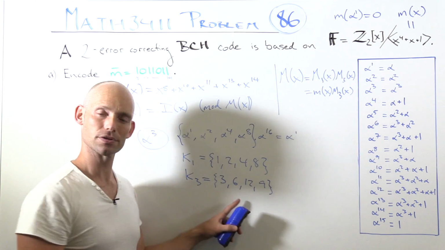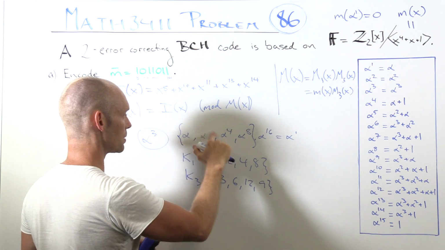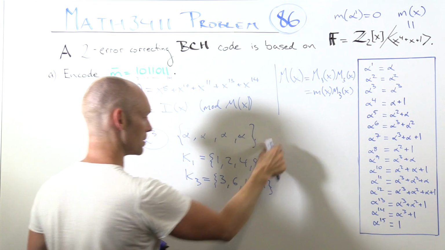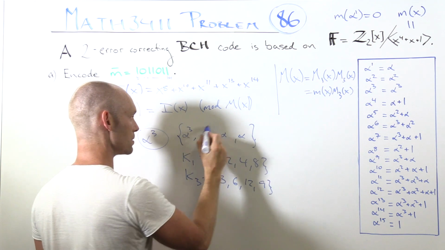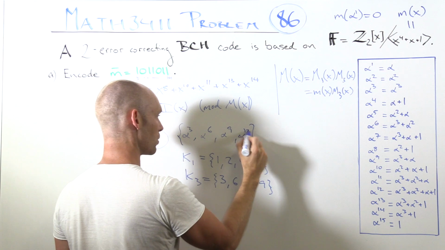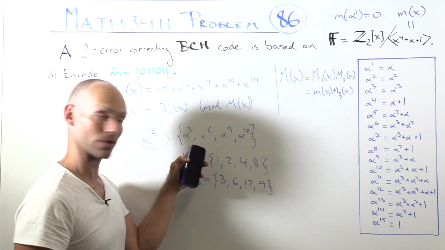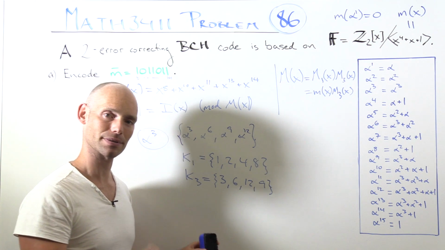What does that have to do with our roots? Well, if we look at these sets, or these numbers here, and raise alpha to the power of them, 3, 6, 9 and 12, just swapping those around, they're exactly the roots of the minimal polynomial of alpha to the power of 3. We have a theorem that says that.